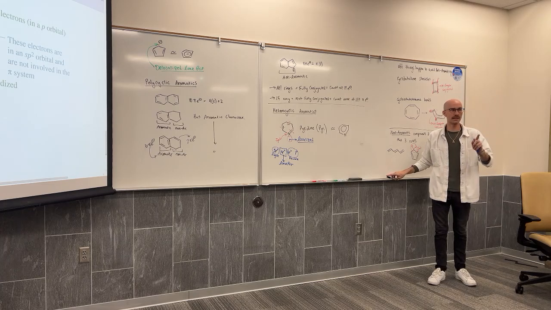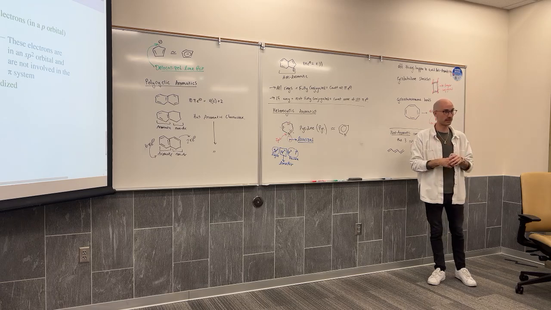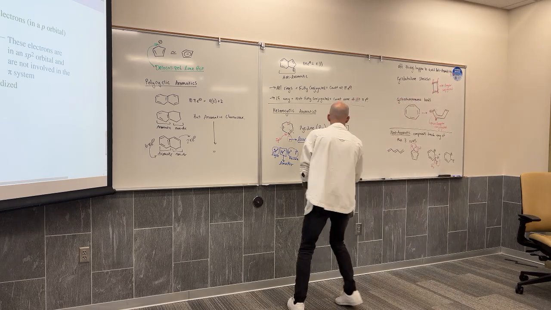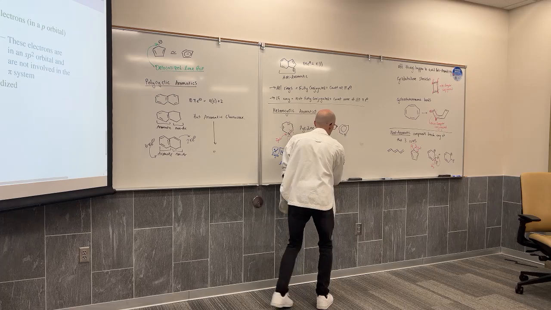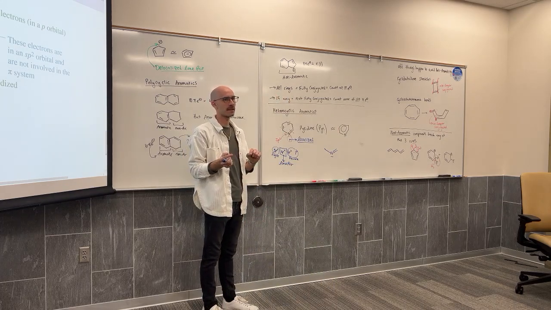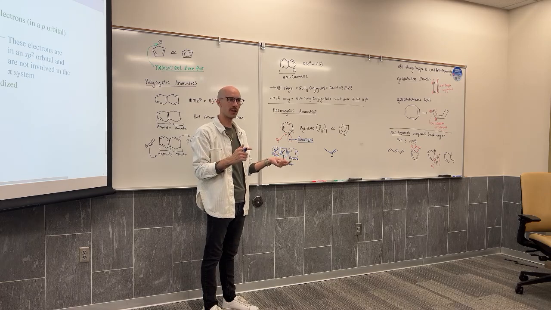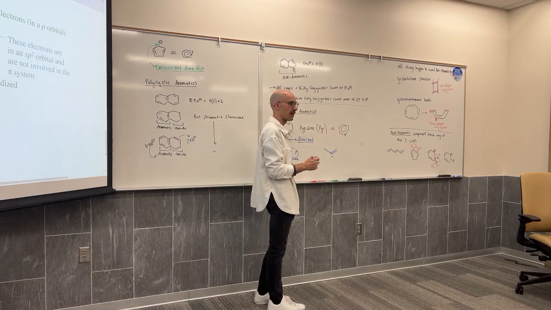Now, I want you guys to recognize really common bonding patterns. So when you see this nitrogen with a double bond and single bond and a lone pair, I'm going to refer to that as a pyridinyl lone pair, because that's exactly how nitrogen in pyridine shows up.